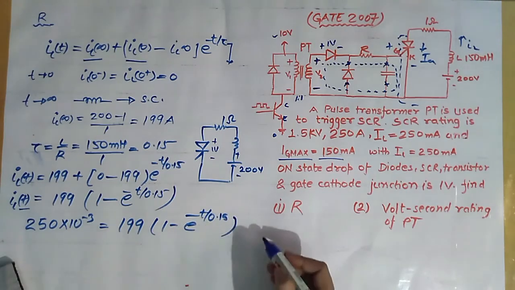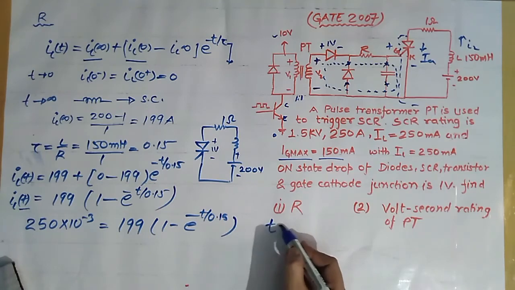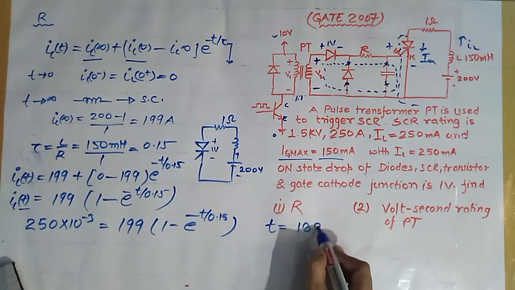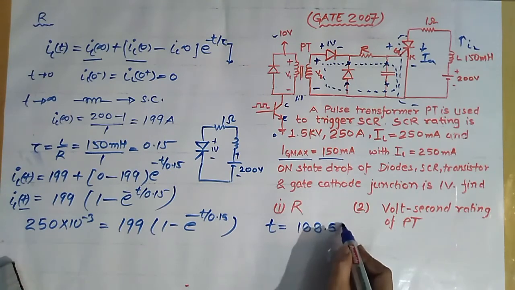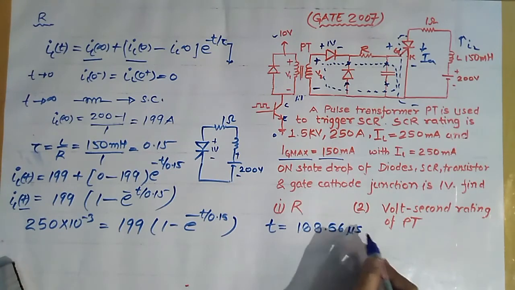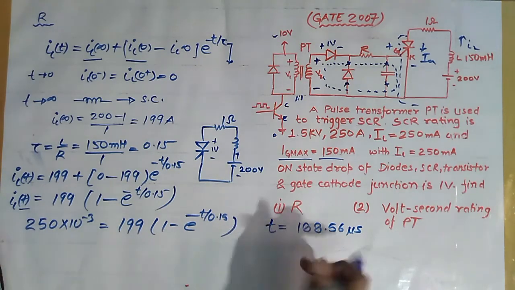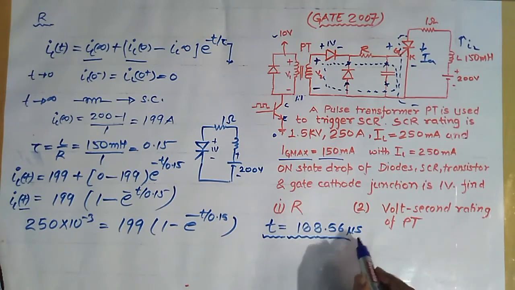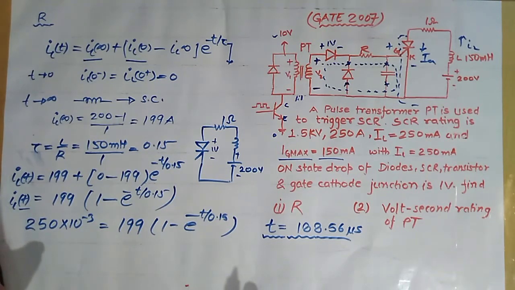On solving this, we get t equals 188.56 microsecond. This is the time during which the anode current reaches the latching current, or we can say this is the time for which the gate pulse is applied.